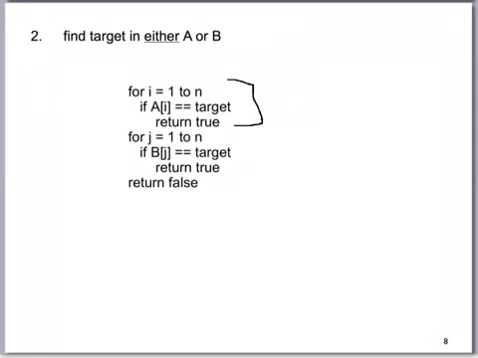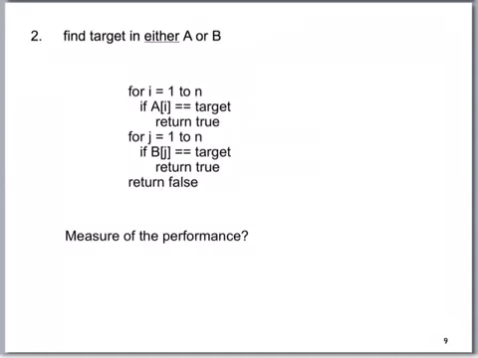We haven't found the target in A. And if we get through this loop, we've also failed, and we haven't found the target in B. Now, to get through the first loop will require n iterations, and to get through the second loop will also require n iterations, and so I'll end up with 2n. And so when we ask the musical question, what's the measure of the performance, once again we'll get big O of n.